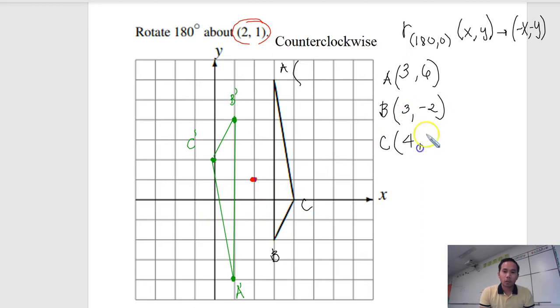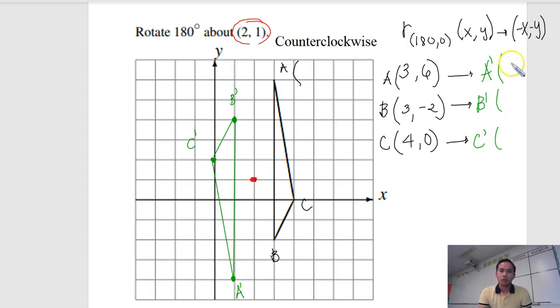And then the new points, your A prime, B prime, and C prime, you can just identify them. A prime would be 1, and then 1, 2, 3, 4. So (1, -4).